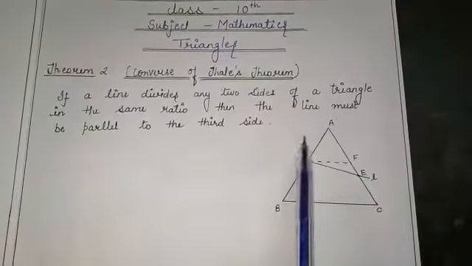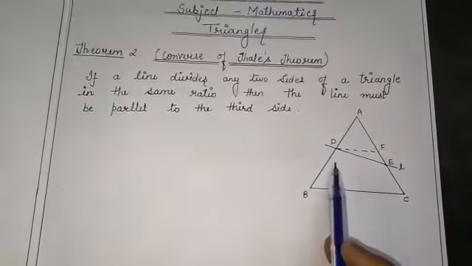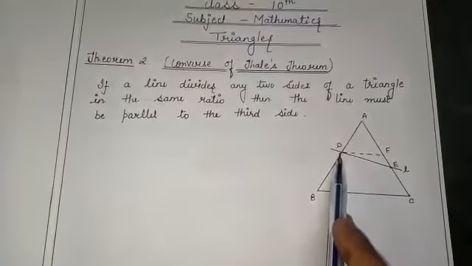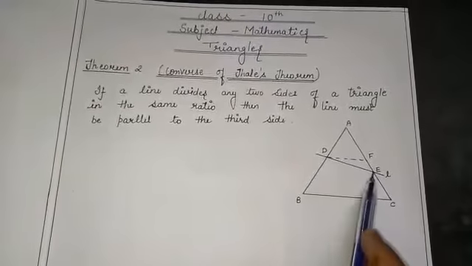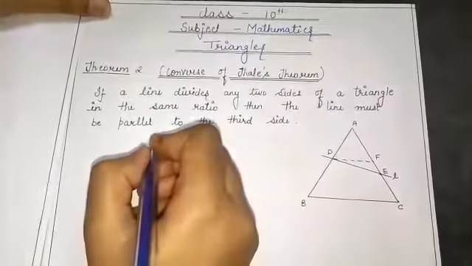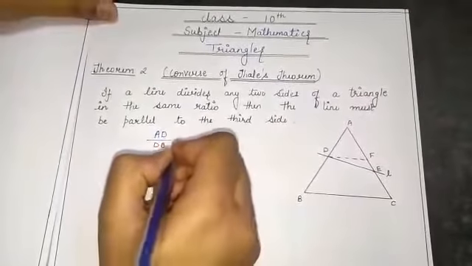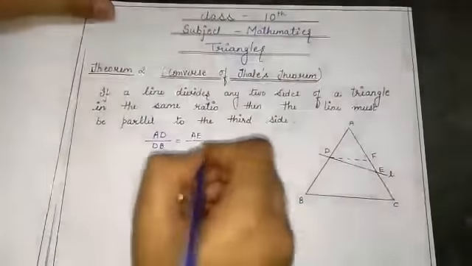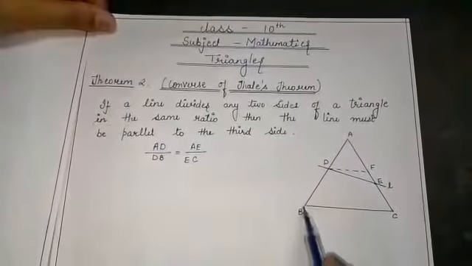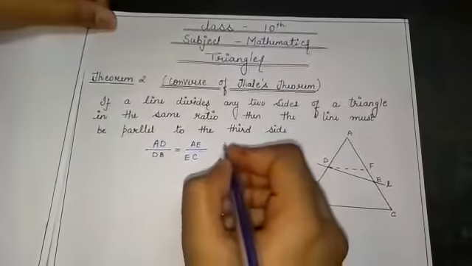So here ABC is a triangle and a line L intersects side AB at point D and AC at point E, such that AD upon DB is equal to AE upon EC, by Thales theorem.